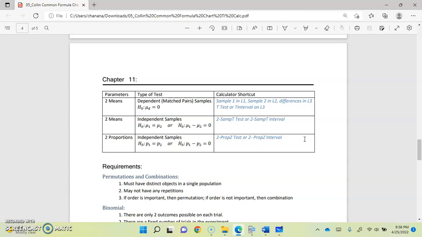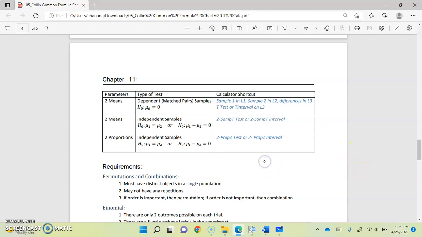But if we have two means and independent samples, then we use two-sample t-test, and two-sample t-interval if we need to calculate the interval. And if we have two proportions for independent samples, we use 2-PropZTest. All the information is given in the formula charts. You just need to know how to check those.